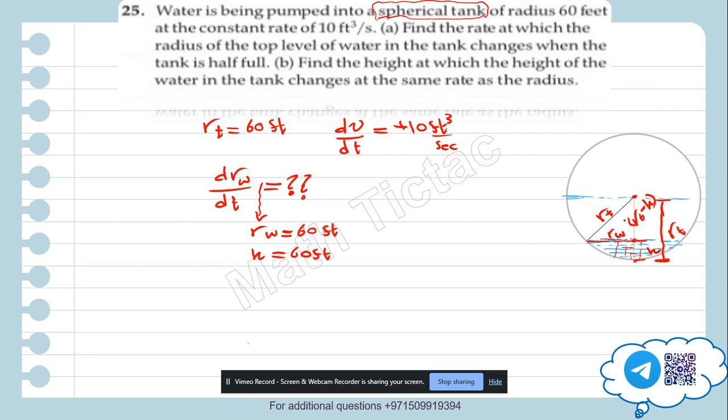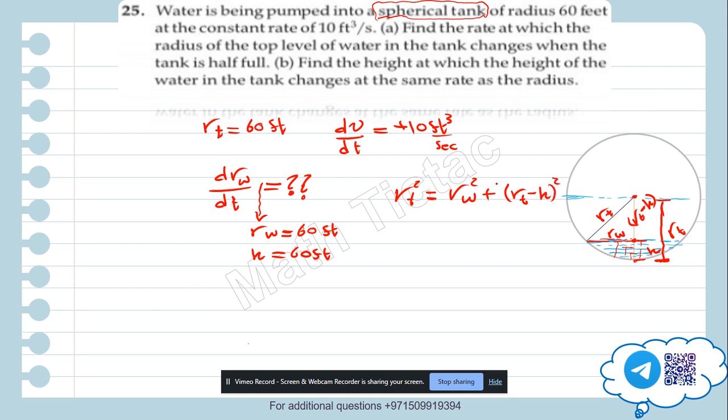So here we can say that r of the tank squared, which is the hypotenuse, is equal to r of water squared plus (r of the tank minus h) squared.